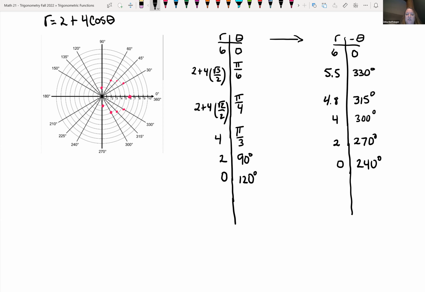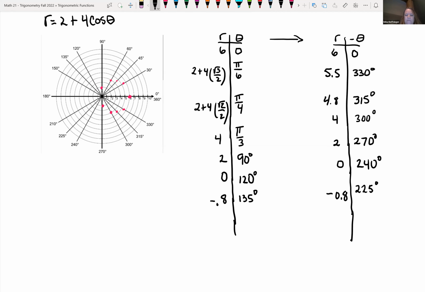At 135 degrees, cosine is negative, so I have 2 minus 2 square roots of 2. So that is going to give me approximately negative 0.8. So the reflection across what kind of looks like the x-axis would be 225 degrees. I also have negative 0.8.